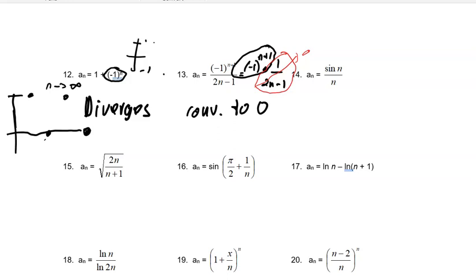All right, 14. Kind of a new little problem here. Haven't seen one like this yet. So as n goes to infinity with this one, so limit as n goes to infinity, think about what is happening in terms of which of these functions grow faster. Does the sine grow faster, or does the function n grow faster?